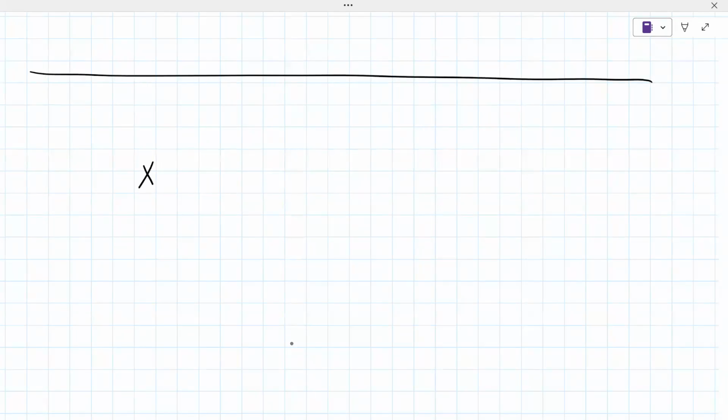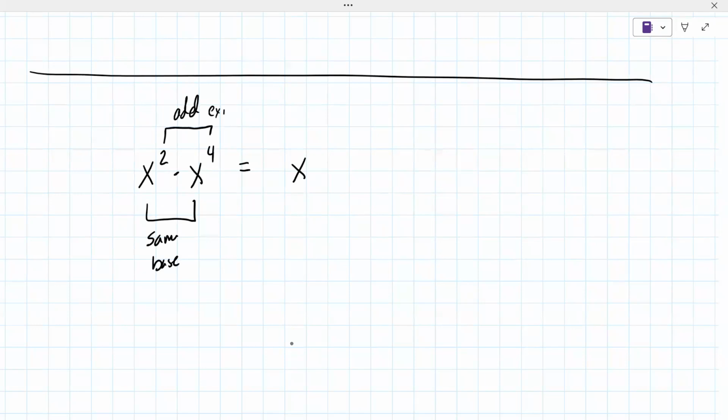Let's say I ask you to multiply x squared times x to the fourth power. Do you remember what you do to the exponents when the bases are the same? You add the exponents. What would this become? You're adding.